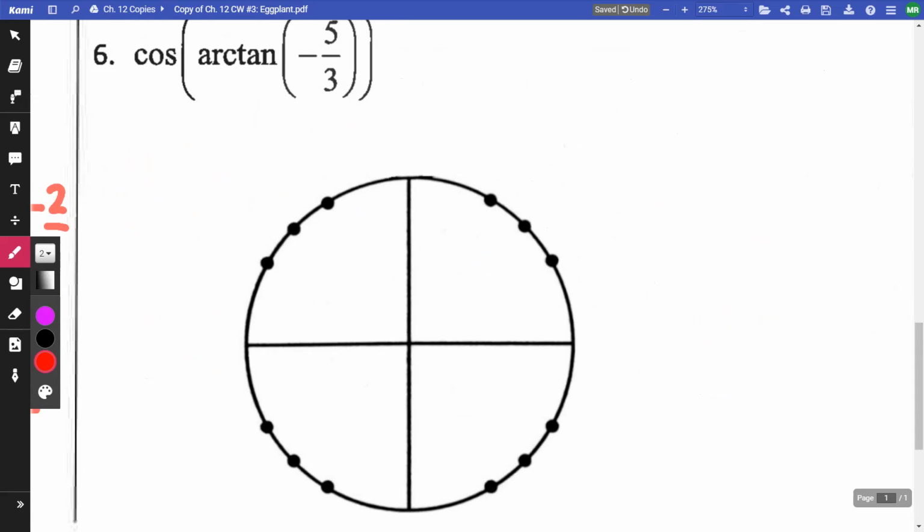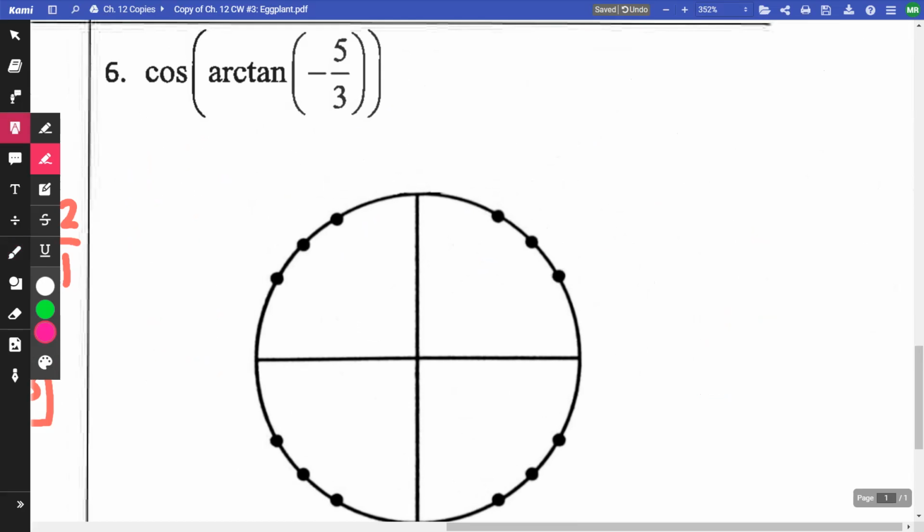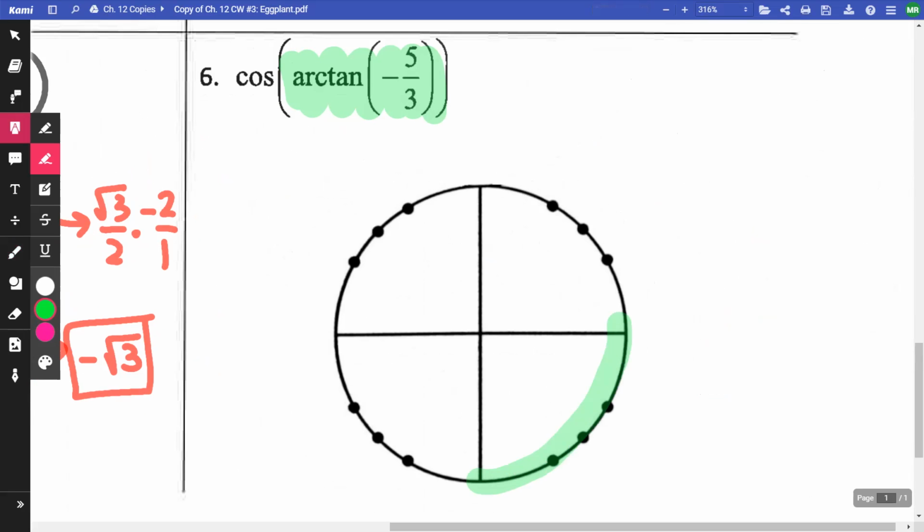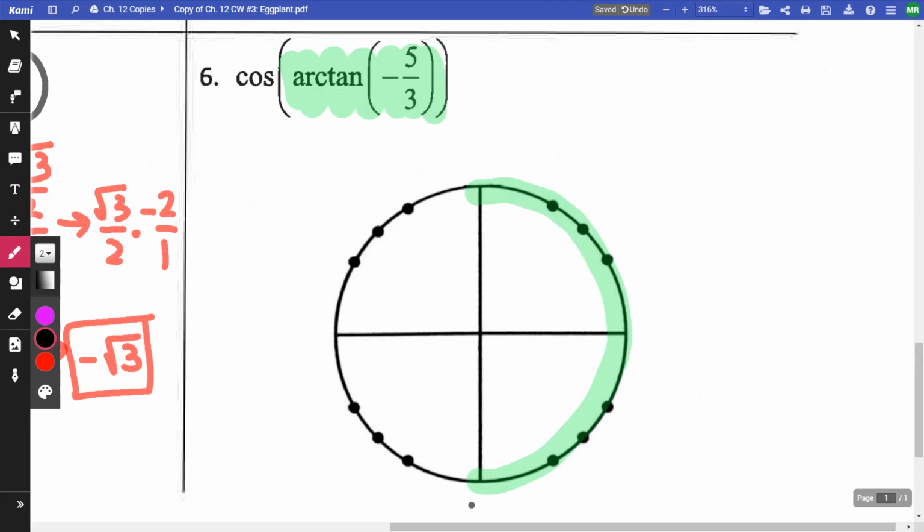On number 6, I am dealing with arctan. Arctan is going to go from here to here. And again, remember, we're going from negative pi halves up to positive pi halves. Now, in this particular situation, I am in quadrant 4.